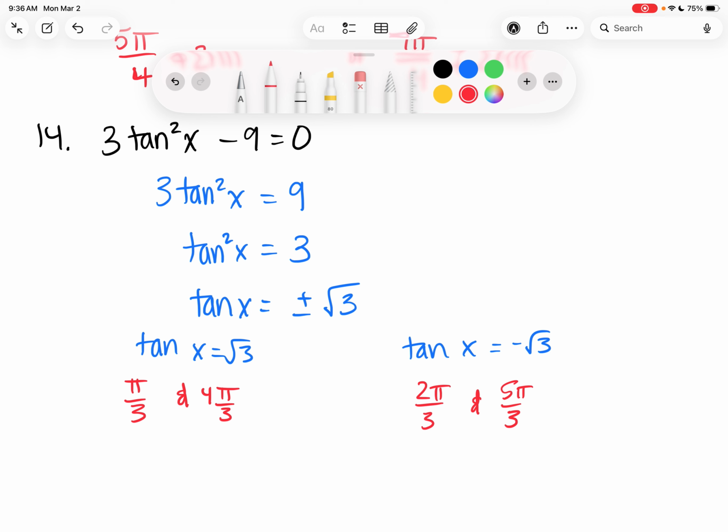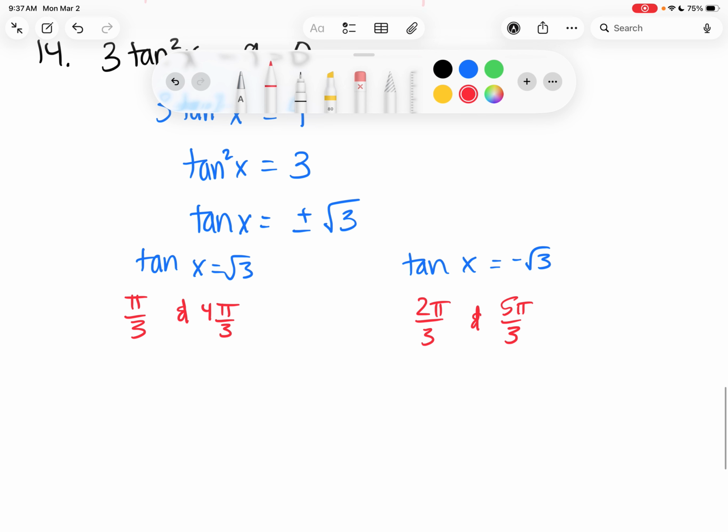However, when it's asking me for the general solution, I'm writing one of each one. Because tangent repeats halfway around. So you told me that it's root 3 at pi over 3, and it's also root 3 down here at 4 pi over 3. That's just simply halfway around, so I don't need to write both of them. I just need the first one.